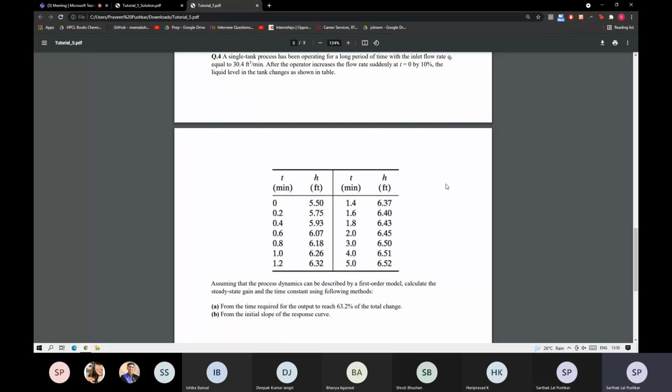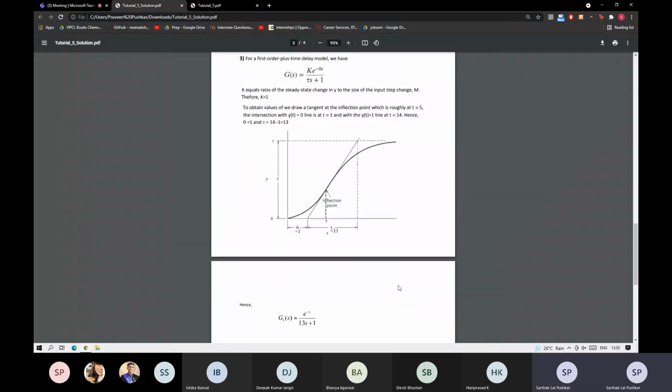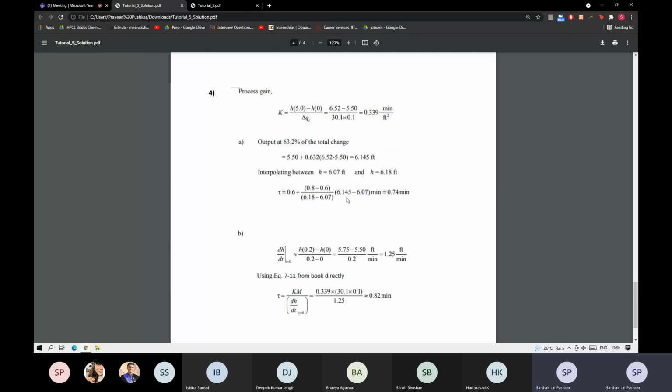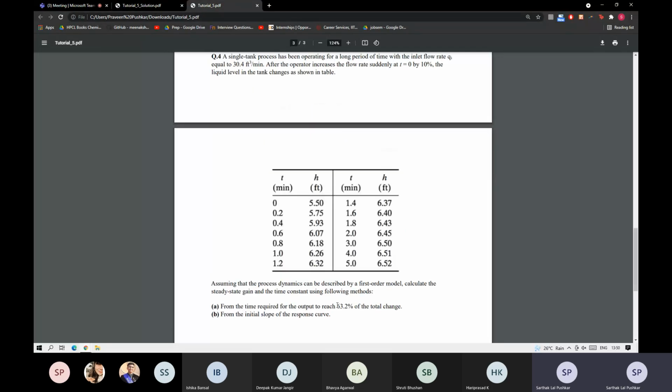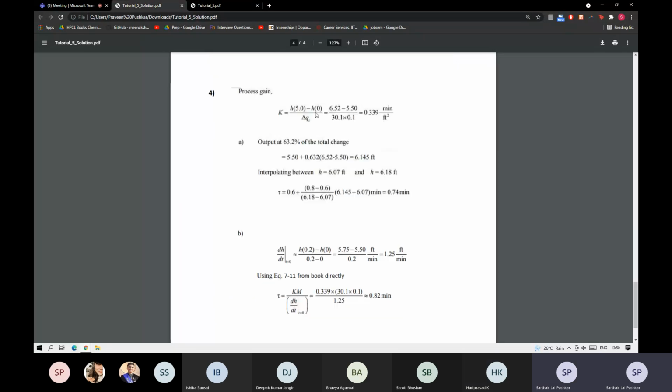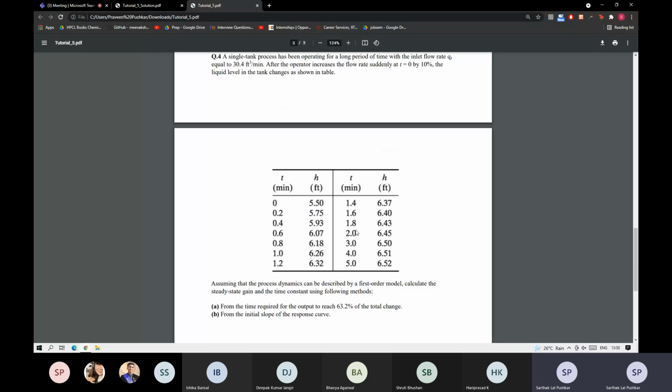So it can be described by a first order model. The first part is we have to find the steady state gain and the time constant using these two methods. So the steady state gain is change in output by change in input. The final value is 6.52 and the initial is 5.50. So that is the change in output, and the change in input is given as 10% of this 30.4.